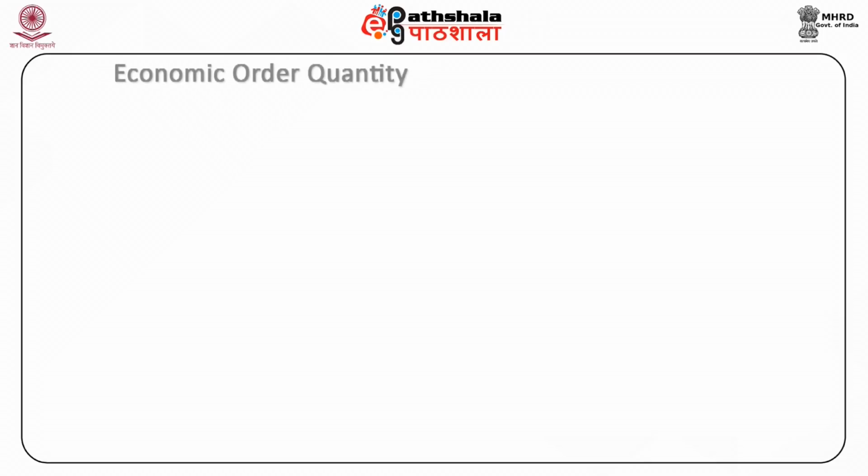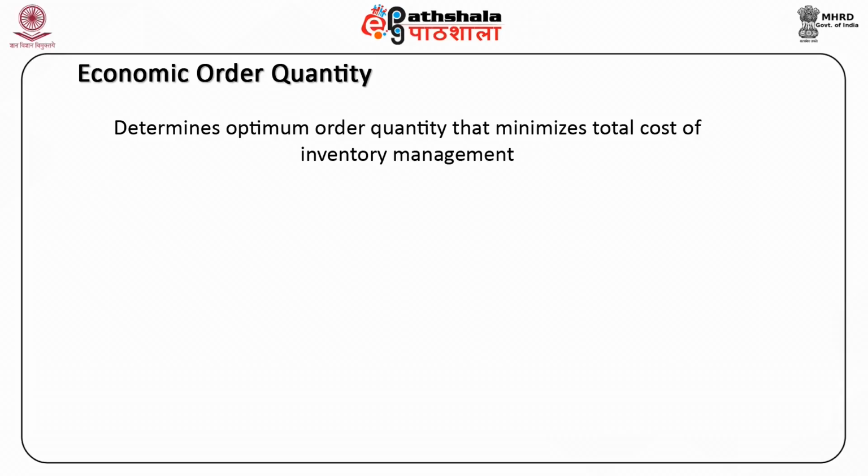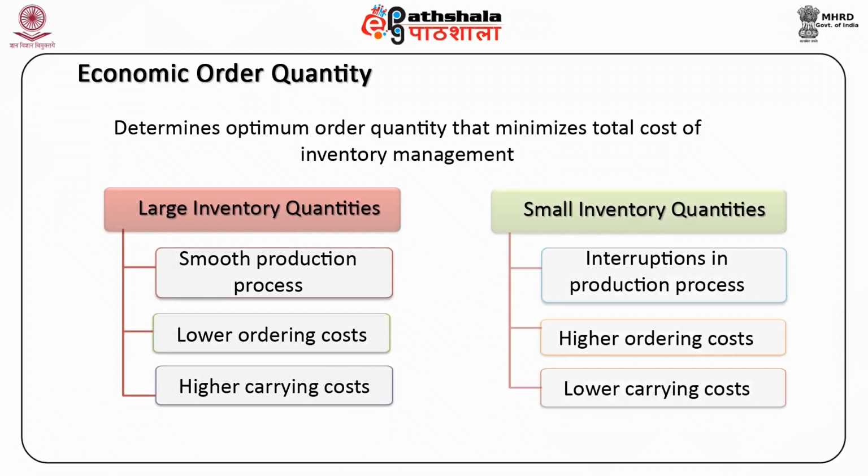The optimum level of inventory can be determined with a popular technique known as economic order quantity, EOQ. EOQ determines the optimum order quantity that minimizes the total cost of inventory management. The following diagram depicts the impact of holding large and small inventory quantity levels.